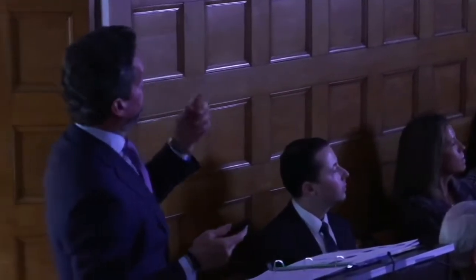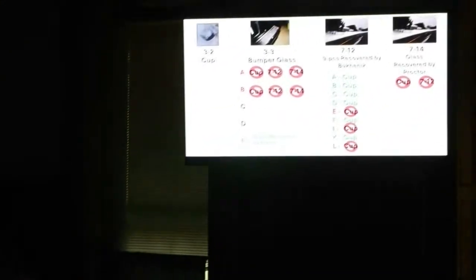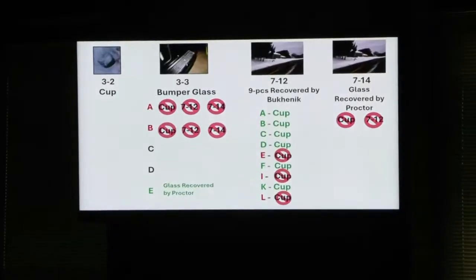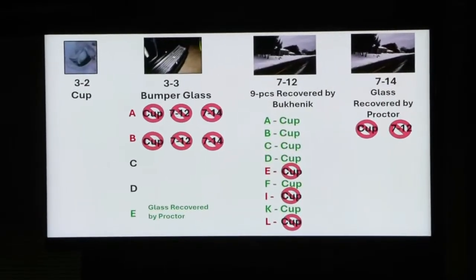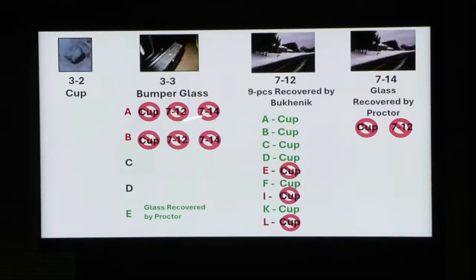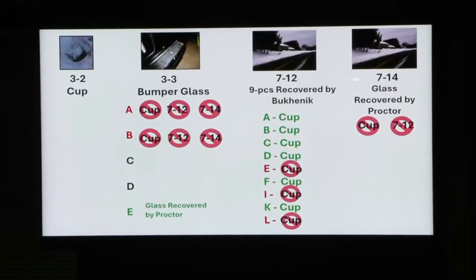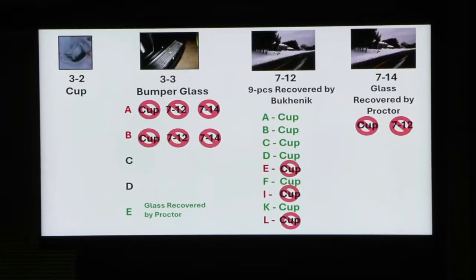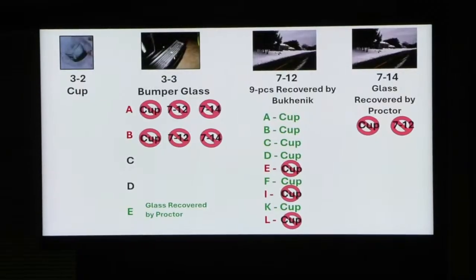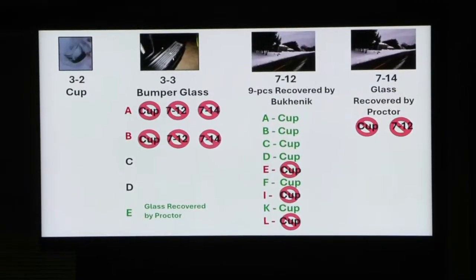Ms. Hanley, you see what's been marked as Exhibit 205 in evidence on the screen? Yes. Is that consistent with what you and I were just talking about at the witness stand? Yes. If you'll direct your attention to the screen on the right, because I think the laser pointer shows up a little better. Do you see the 4 categories represented in this exhibit? Yes. Okay, 3-2, I'm going to go over it very quickly one more time, just visually. 3-2 on the left is the cup, correct?